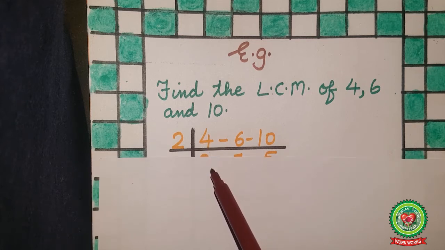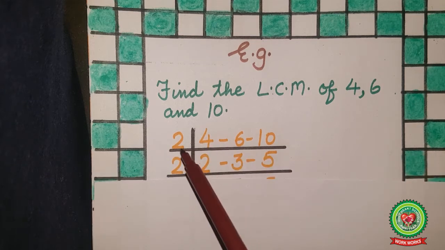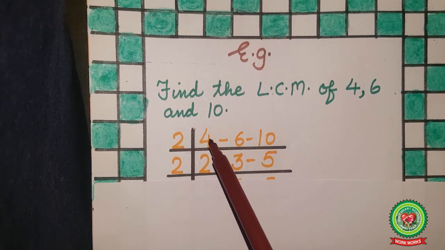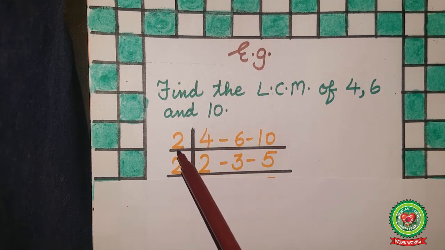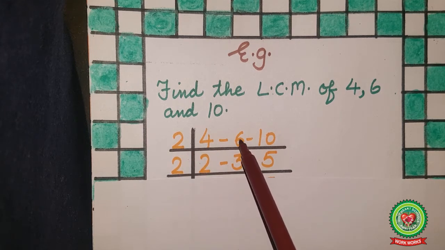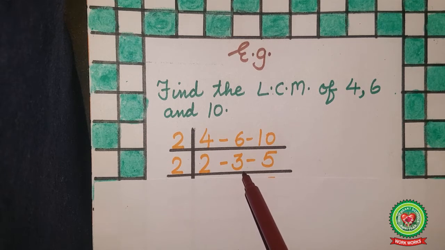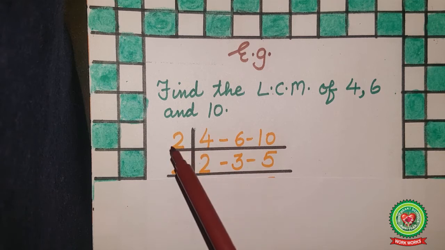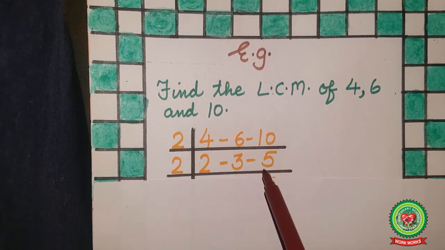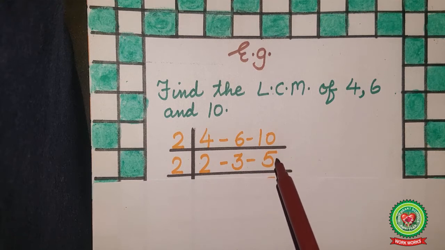So below 4 I will write 2. On 2 table 6 comes on 3. 2 3s are 6. So below 6 write down 3. On 2 table 10 comes on 5. 2 5s are 10. So below 10 write down 5.